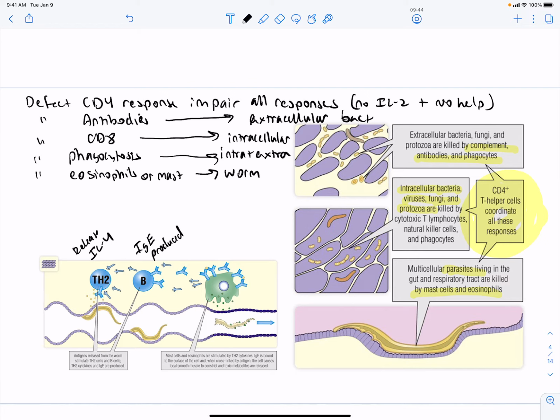And the IgE is going to bind to mast cells. And then the mast cell is going to become activated and release granules. And this is going to kill the worm.